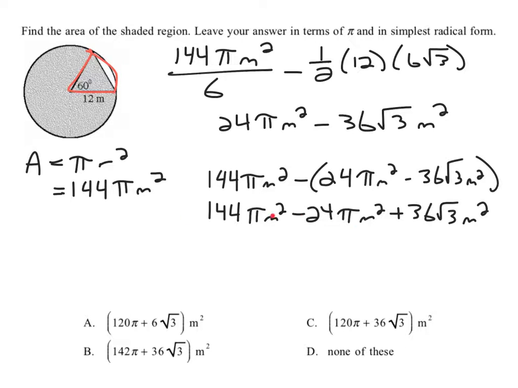And this portion can be simplified. You can do 144 pi minus 24 pi. That's 120 pi. So what you get is 120 pi plus 36 root 3, that number of meters squared. And where do we see that? We see that in answer A.